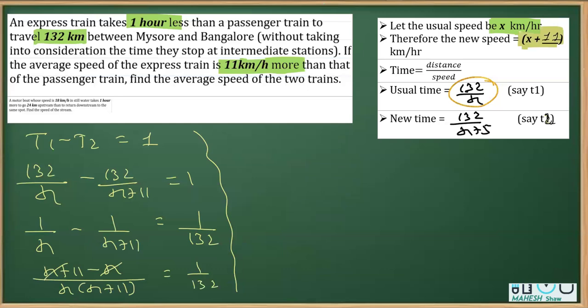Doing cross multiplication, this is x squared plus 11x, and this is 11 multiplied by 132, which gives you 1452. Now writing them in the standard form, this is x squared plus 11x minus 1452.